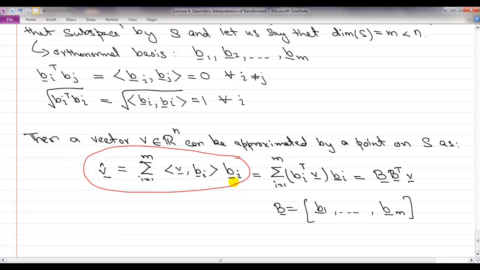As long as the class of signals you are dealing with is a subspace of L2, and you have orthonormal basis, just take the inner products of your signal, multiply it with your basis elements, and you have a sampling theorem. And we can derive many sampling theorems like that. But we'll pick up from here in the next class.